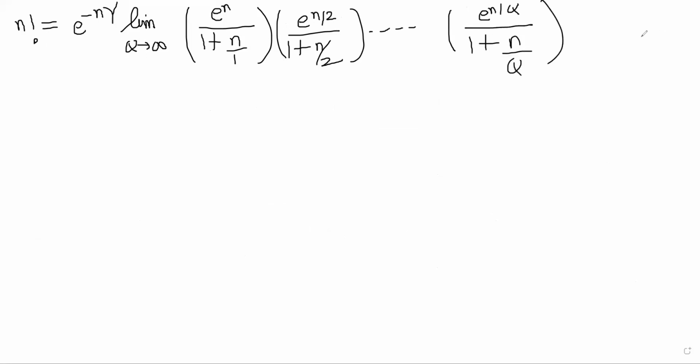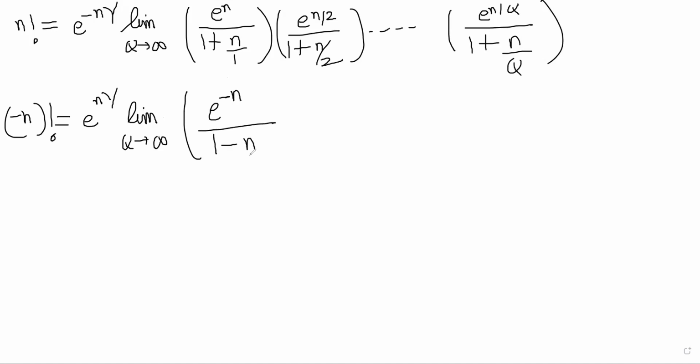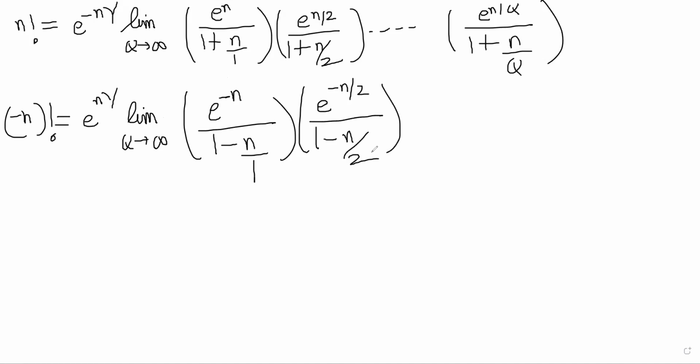This is what I have gotten in the previous screen, right? So if I replace n with minus n, factorial now, I'll get e power n gamma, limit of alpha tends to infinity, and this time I'll get e power minus n by 1 and 1 minus n by 1, and e power minus n by 2 and 1 minus n by 2, right? And so on till e power minus n by alpha and 1 minus n by alpha, right?